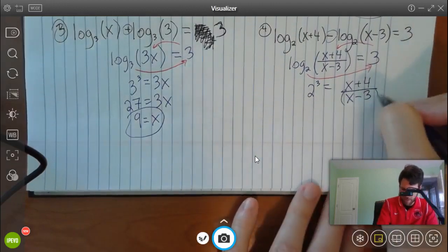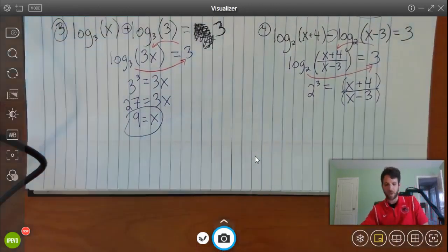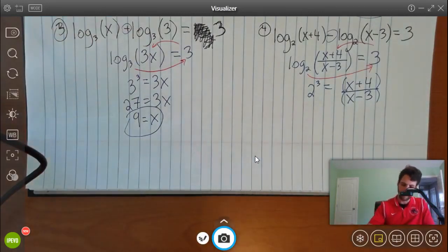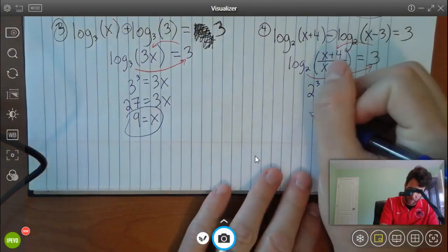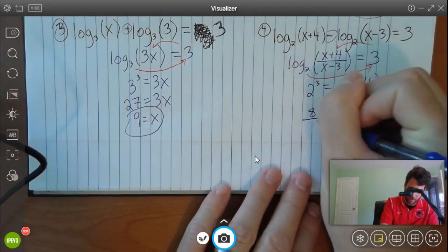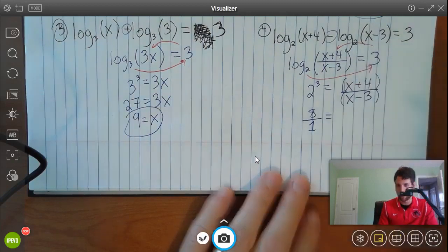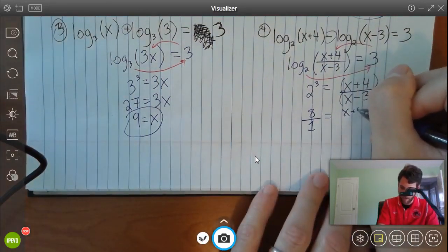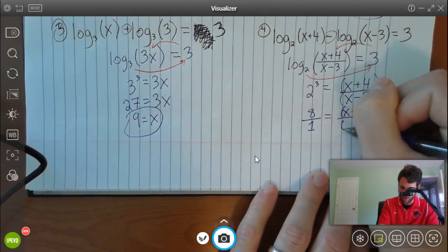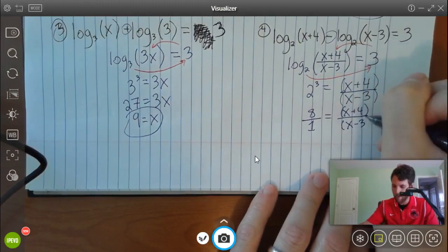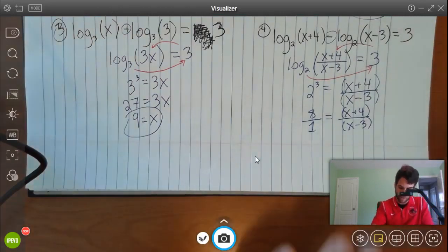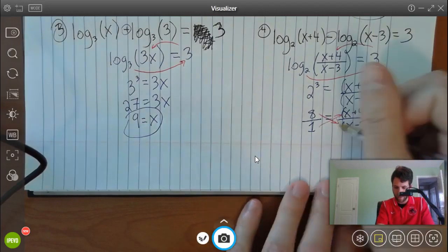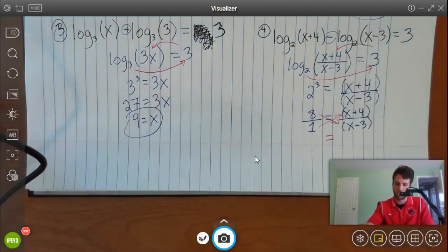Put some parentheses in our fraction. Now we know 2 cubed is 8, but we also want to rewrite this in terms of fractions on both sides. So we're going to write it as 8 over 1, which is the same thing as 8, and also the same thing as 2 cubed, equal to the fraction we already had on the right side of this equation. And now we can cross multiply. We're going to do 8 times that fraction, 1 times that one, and then they're going to be equal to each other after we do that.